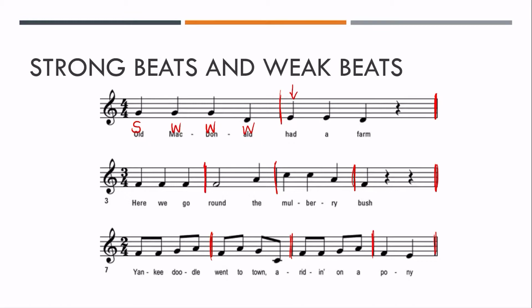Well, it's the first beat of a new measure, okay? And the first beat of every measure is going to be strong. And again, weak beats also include rests, okay? So that first line, it's going to sound like this. Strong, weak, weak, weak, strong, weak, weak, weak.